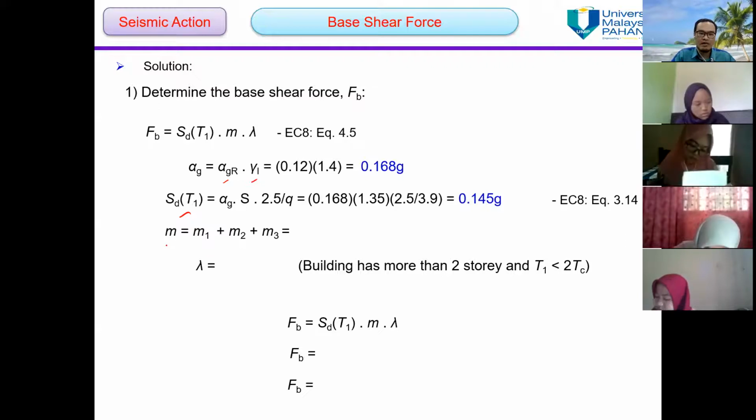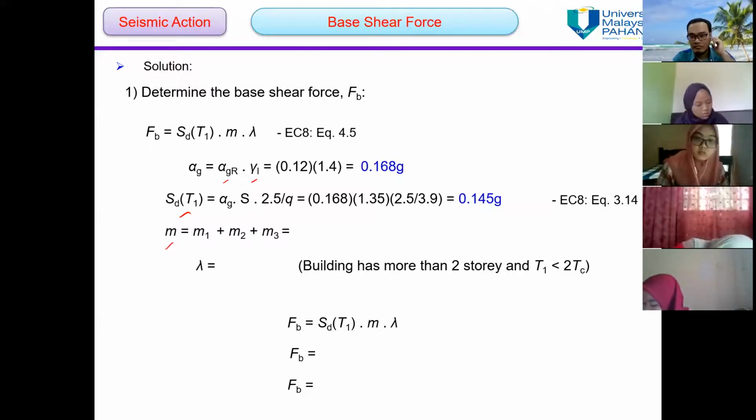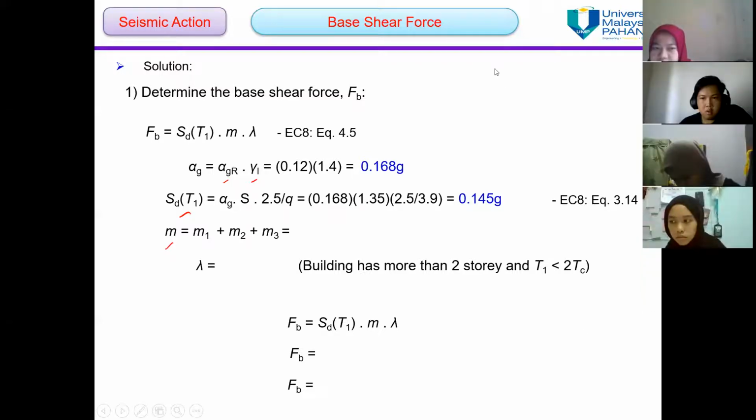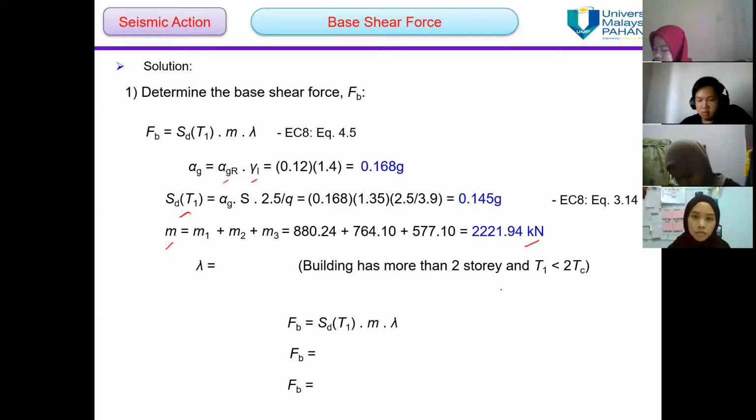How about our total mass? 2,221.94 kilonewton. And what is the value of the correction factor lambda? 0.85, because the building has more than 2 stories and T1 is less than 2 TC.